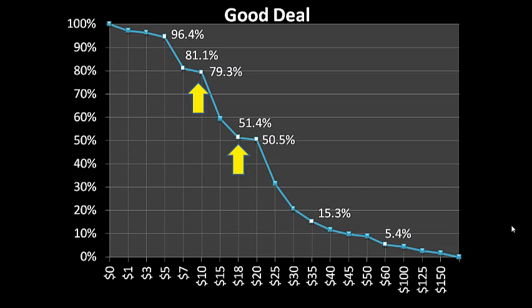Also there was another steep drop-off between $10 and $18, and that was 3.49% per dollar increase. And another one was between 50.5% and 15.3%, which is $20 to $35, and that was 2.35% per dollar increase.